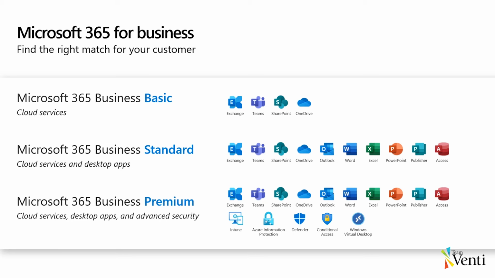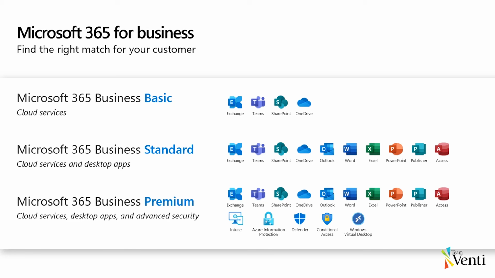Business Premium is going to basically be what we were just looking at, the Business Standard plus some additional security, which is what we're going to discuss and dive into today. Just to highlight some things here, Intune, which is for mobile device and mobile application management, Azure Information Protection, which allows for data loss prevention and information protection.